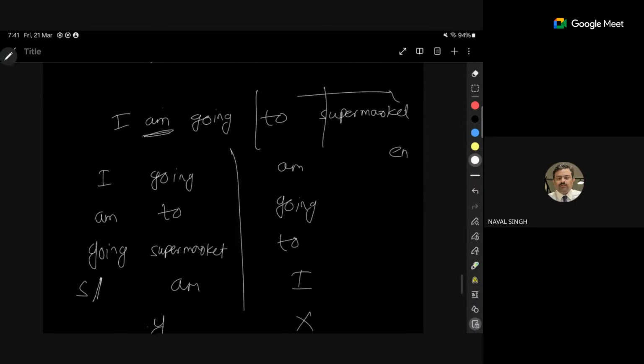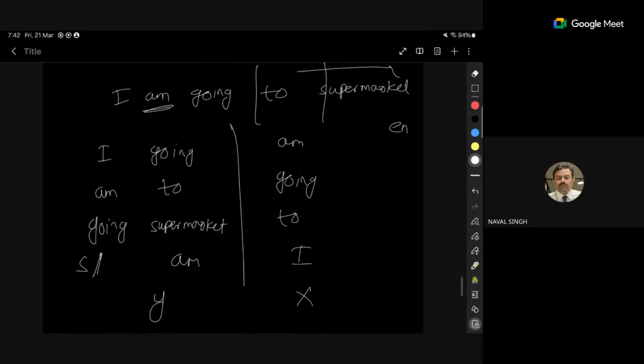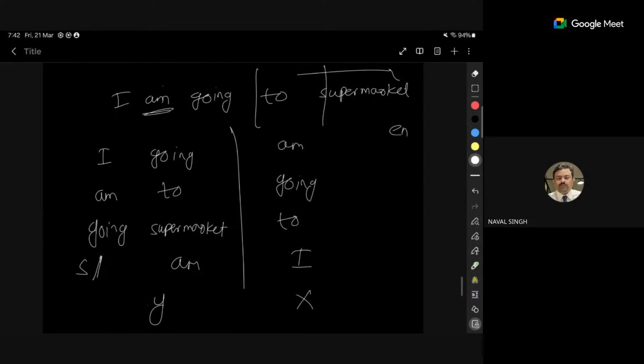Sorry, I said it incorrectly earlier, but this is X. So one word is given. What could be possible around it? If M is given, what is the probable word around it? That is what we wanted to predict.